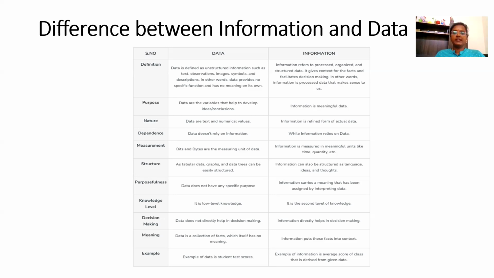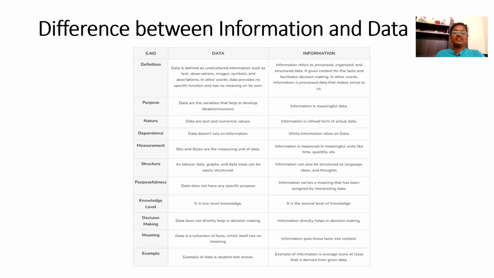The purpose of data is to develop an idea and conclusion from the variables, and information is meaningful data. The nature of data is text and numerical values. Information is refined, the form of actual data. And as for dependence, data does not rely on information, but information relies on data.